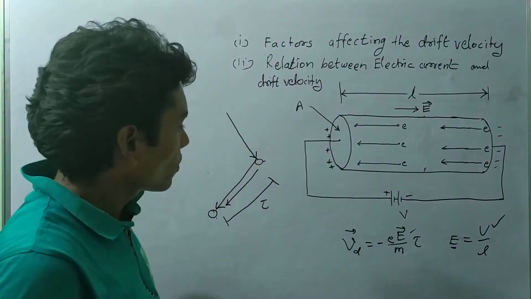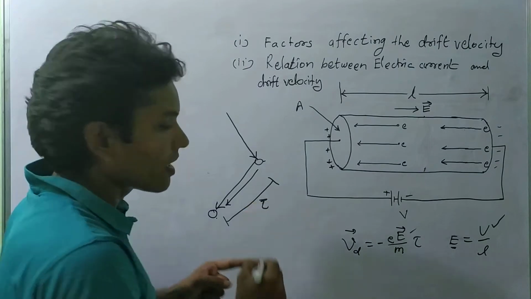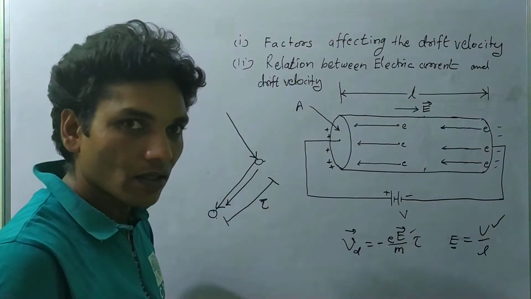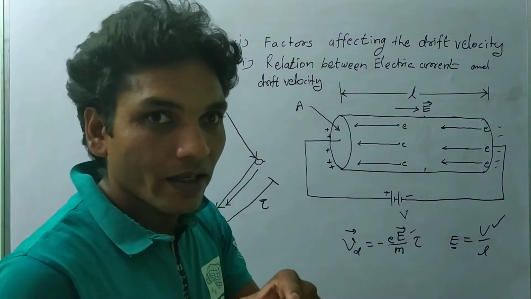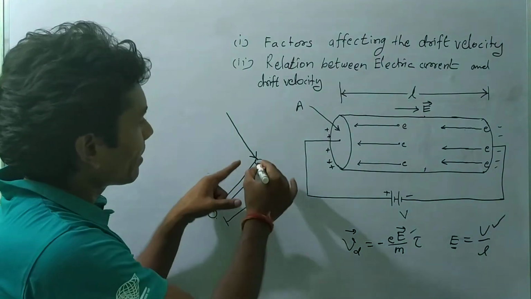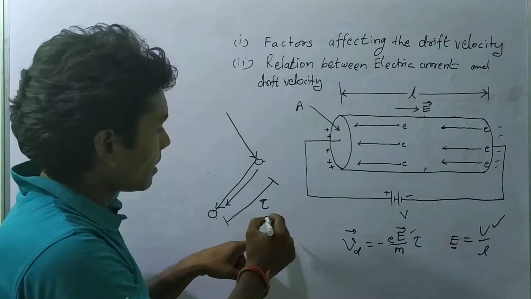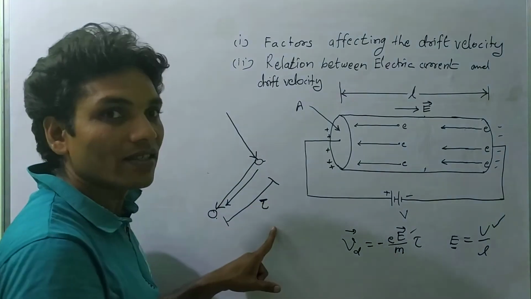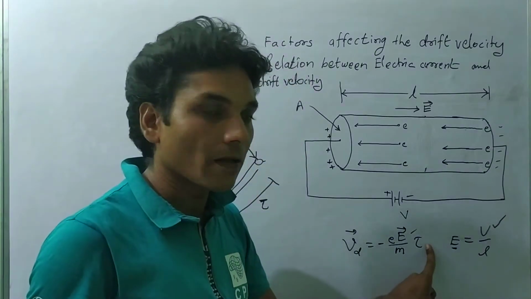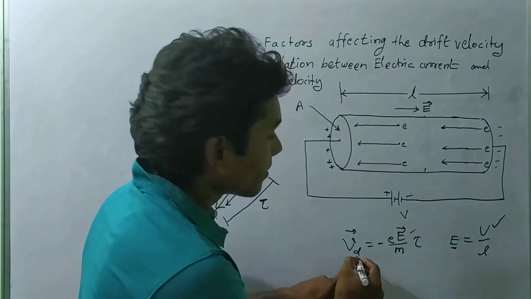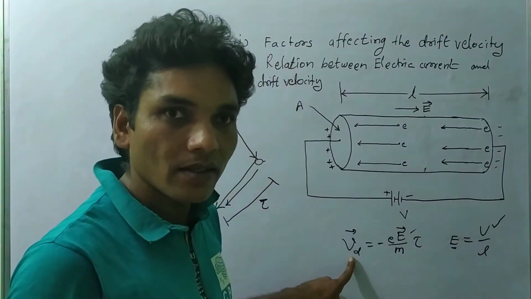So when the temperature is increased, the relaxation time tau is decreased. Listen again, when the temperature is increased, relaxation time tau is decreased. So when tau is decreased, Vd will decrease.